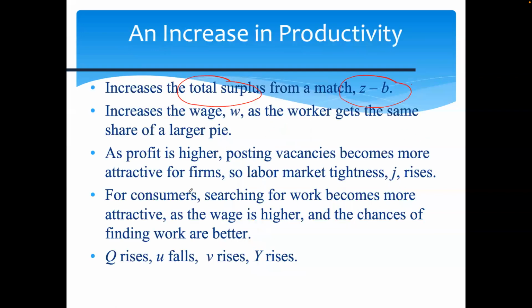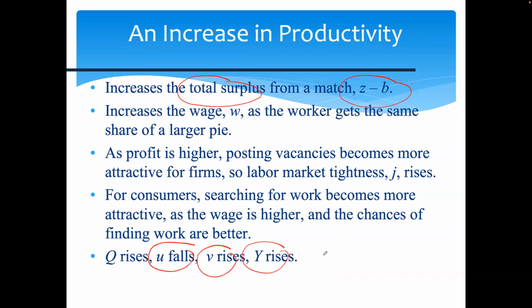Okay. So what about U? U is going to fall. V is going to rise. Y is going to rise. If you link this with the business cycle we are going to discuss in the future, or the facts we have seen earlier, you can see that Z is a good candidate to explain the fluctuation in the aggregate economy.